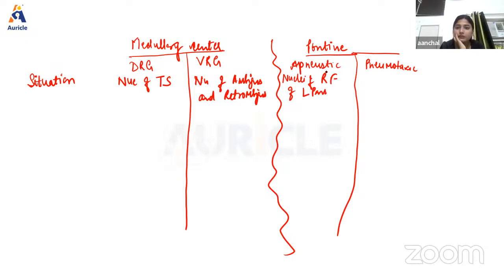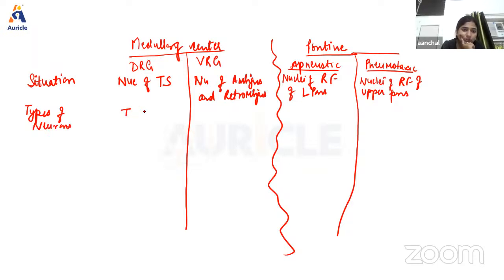The pneumotaxic center is situated in the nuclei of the reticular formation of the upper pons. Then the type of neurons which are present: in DRG inspiratory neurons, in VRG inspiratory plus expiratory neurons both are present, and in the apneustic center inspiratory neurons are present.